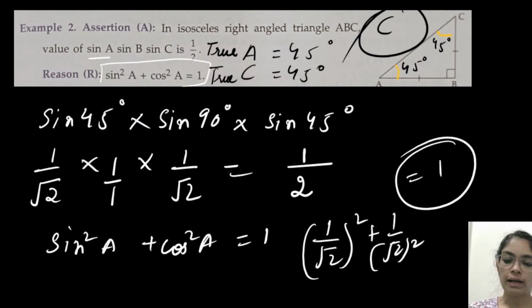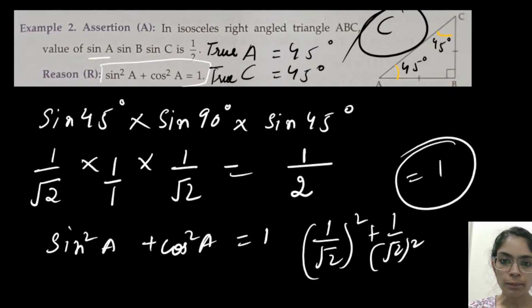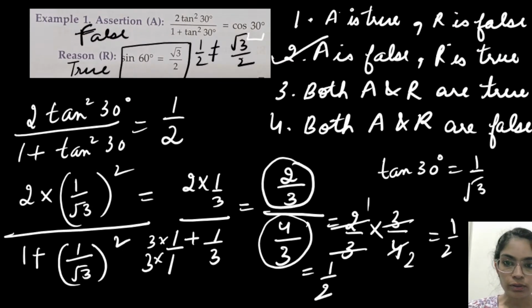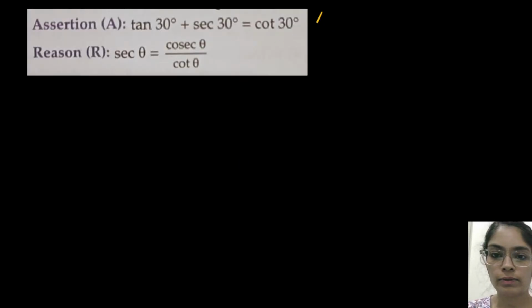So we were doing assertion and reason based type of question. One of the questions we already did. Let's do the second question. Before I start the question, I'll just tell you the options. Here I will write: A is true, R is false, this is the first option.